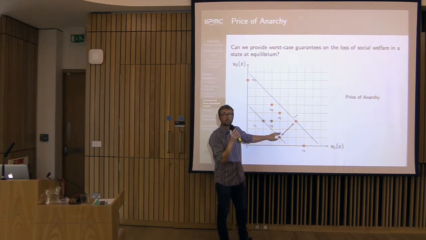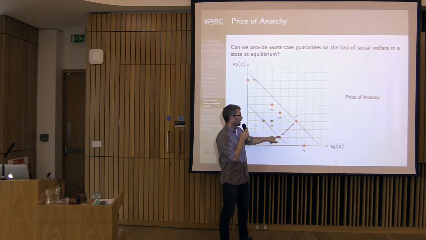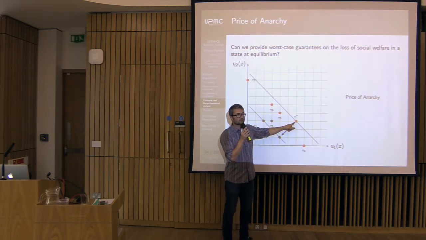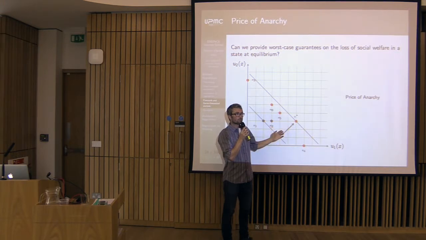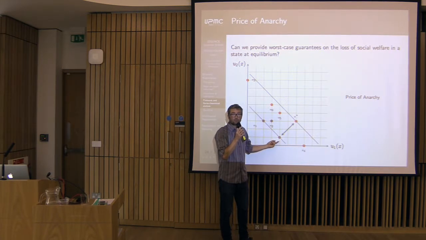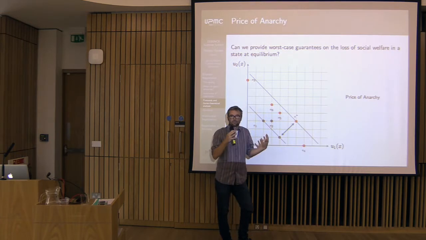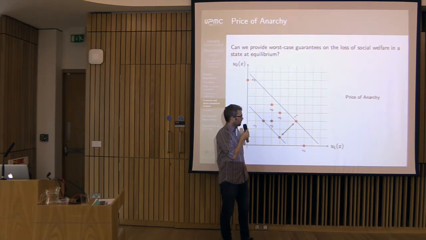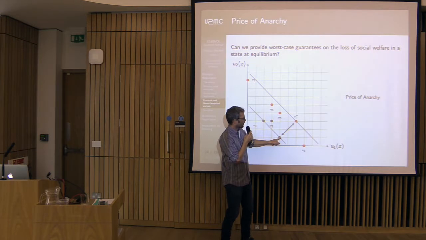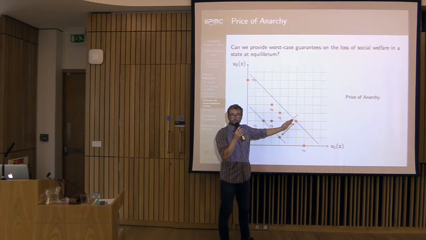The price of anarchy technically says, I will take the worst possible equilibrium solution and I will measure how far it is from the optimal solution. It's called the price of anarchy because this equilibrium state is a state where you could end in some negotiation scenario, and it's an equilibrium, so the agents will stick in this state, but still it can be far from the optimal solution.